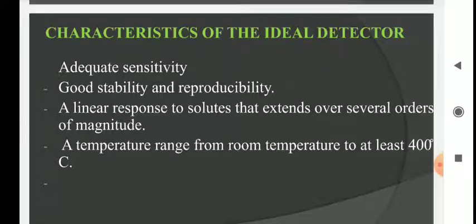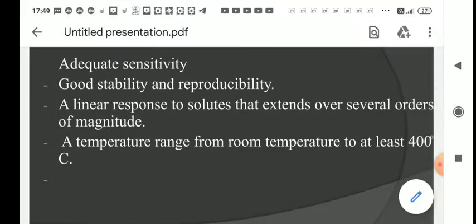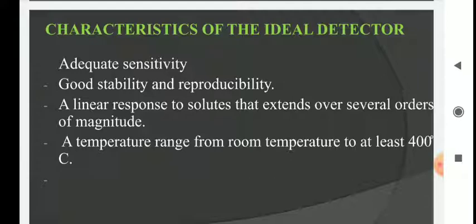Then the third point is a detector should have a linear response to solutes that extends over several orders of magnitude. What it means is, suppose you have a sample in which the quantity of each component is say 10 to the minus 7 gram, then the detector should be able to detect it.